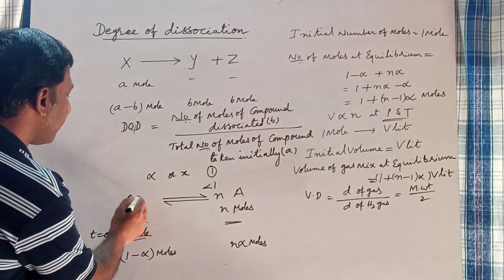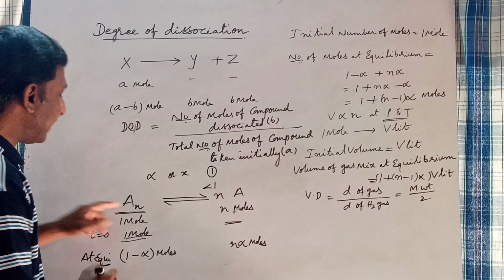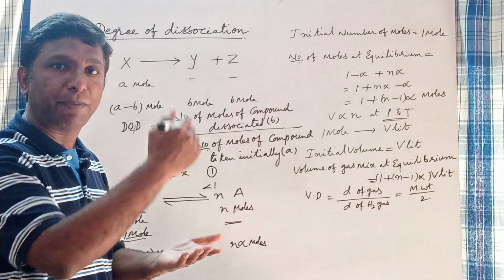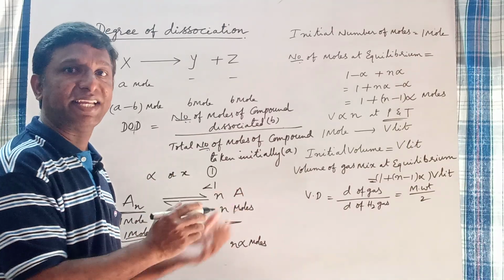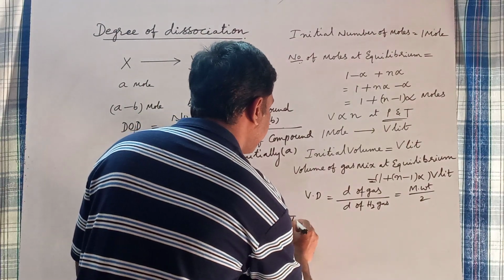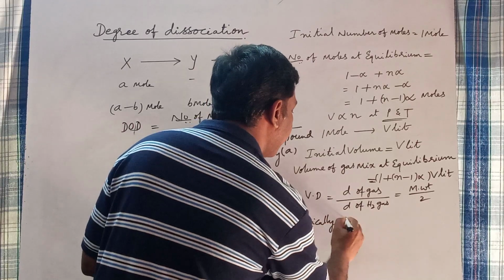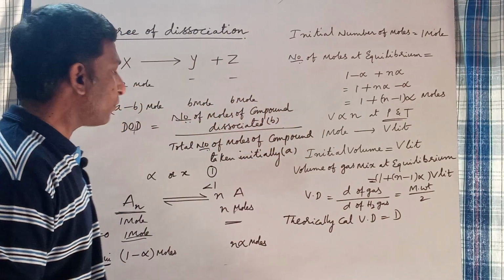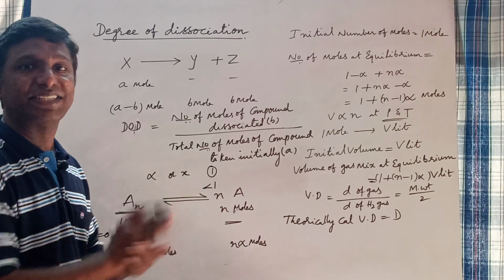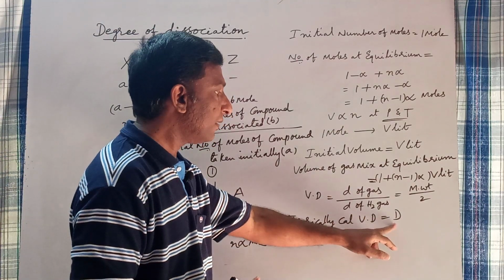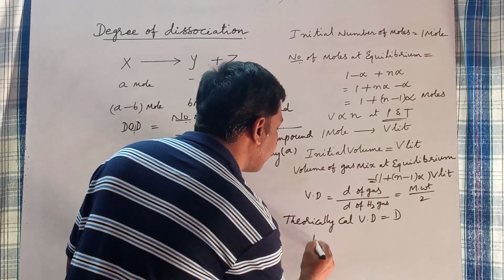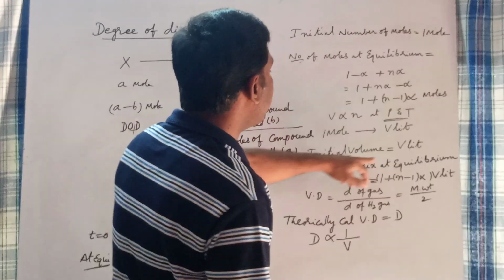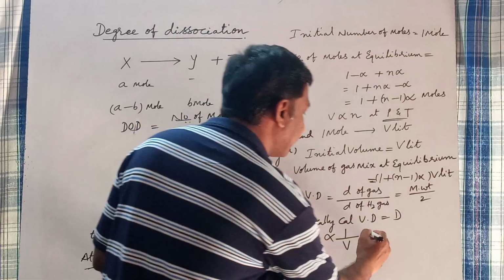From the molecular weight of AN, the reactant, which is what exists initially. The molecular weight of AN divided by 2 gives the initial, theoretically calculated vapor density, taken as capital D. Initially only the reactant exists in the container, and at that condition the vapor density is capital D. So the theoretically calculated vapor density is inversely proportional to the initial volume, which is V liters. This is equation 1.